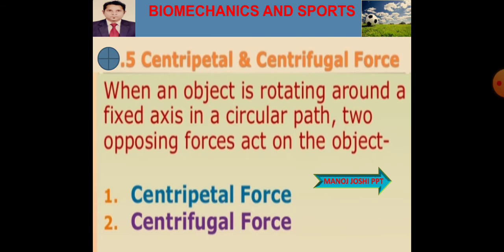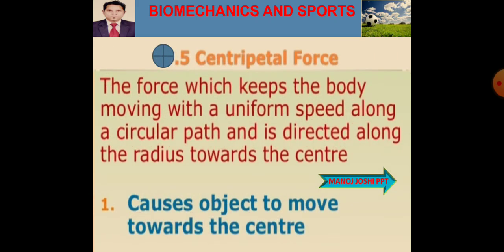So, we must remember, when the object is moving on a fixed axis in a circular path, two opposing forces act on the object. First we will discuss the centripetal force.